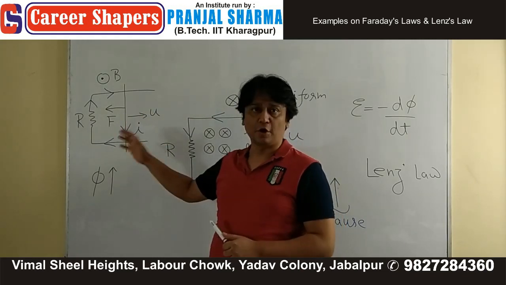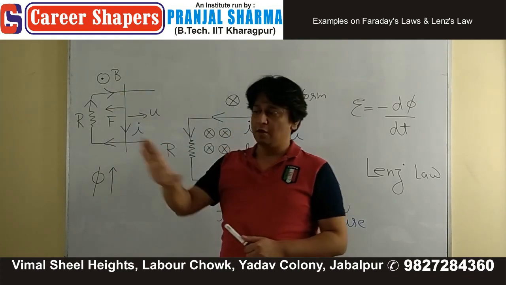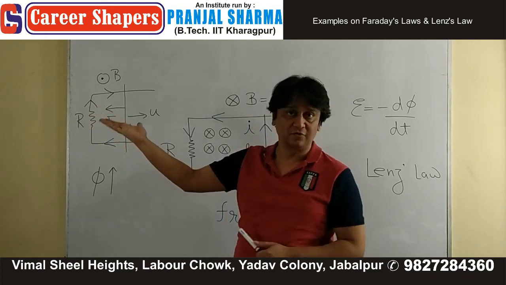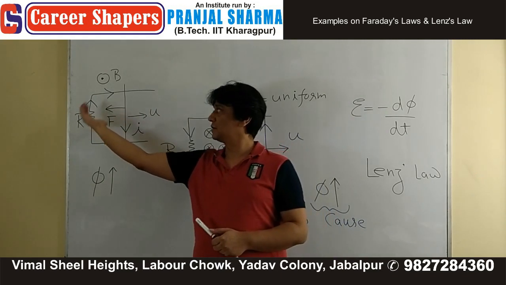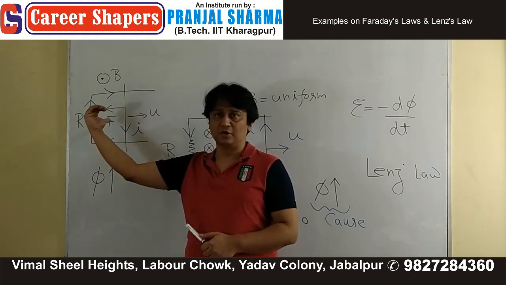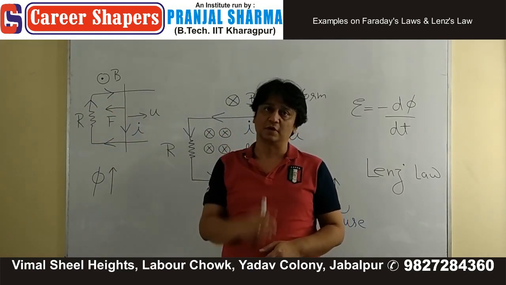That means you need to produce a magnetic field which is opposite to this magnetic field. Hold your thumb inside them. Thumb gives you the direction of magnetic field. This is pointing in. That's the current.